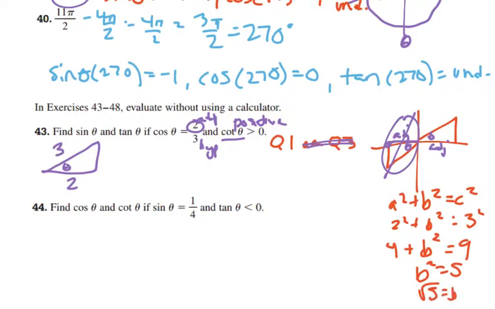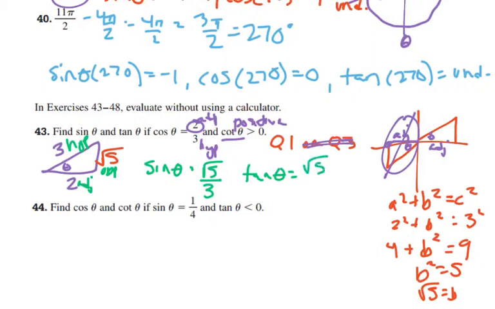So your height is going to be square root of 5. And so in order to evaluate the sine, we need the opposite over the hypotenuse. And so sine of theta is going to be square root of 5 over 3. And then tangent of theta is going to be opposite over adjacent, so square root of 5 over 2.